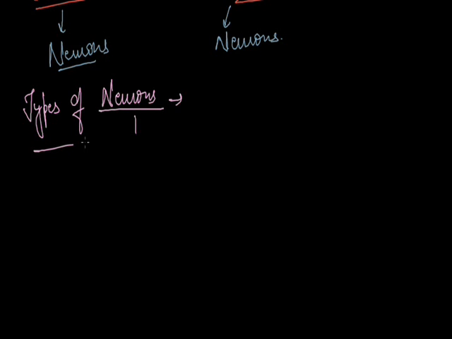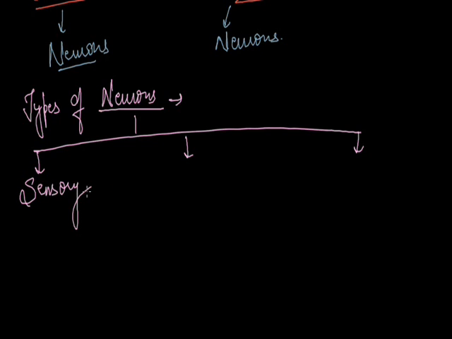Types of neurons are divided into majorly three types: sensory neuron, motor neuron, and mixed neuron.